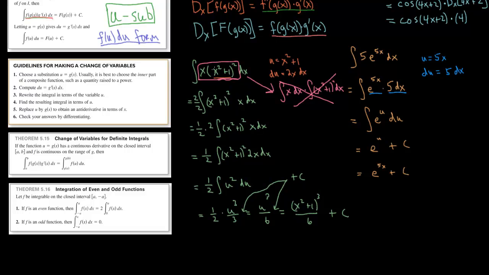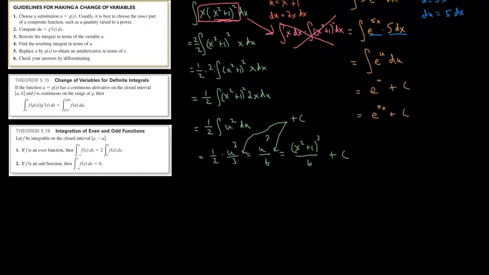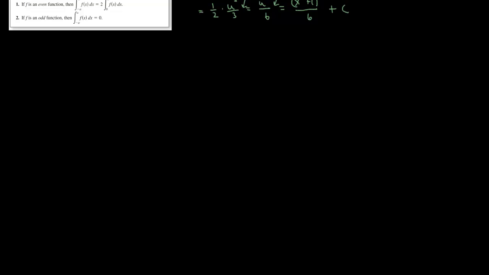Now, let's look at another easy one. Then we will go off to some more difficult ones. Let's say we have the antiderivative of x squared plus 5 raised to the 6th power times 2x dx.